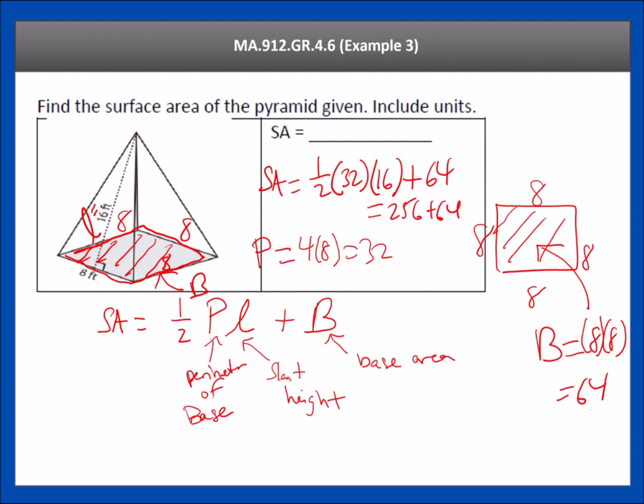Add that up, and you get 320. Let's double check that. Yeah, so 320 square feet. So that's the quick way of doing it. Just use the formula, and they give you this formula on the EOC, so you might as well take advantage of it and just know how to find each of the components.